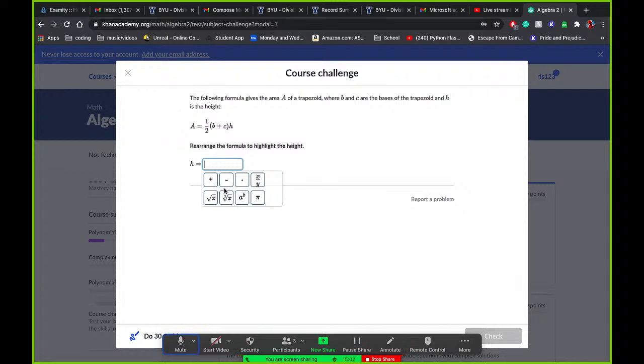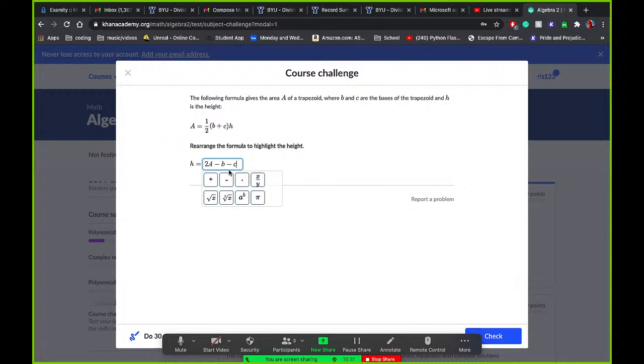Okay. Area. So basically area is equal to h over 2 times b plus b. So h is equal to 2 times 2a times b plus c. I don't think it's times b plus c. I think it's 2a divided by b minus c.